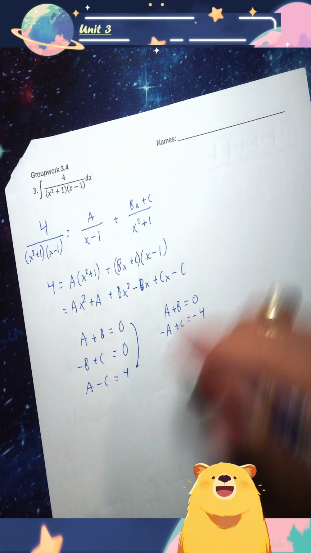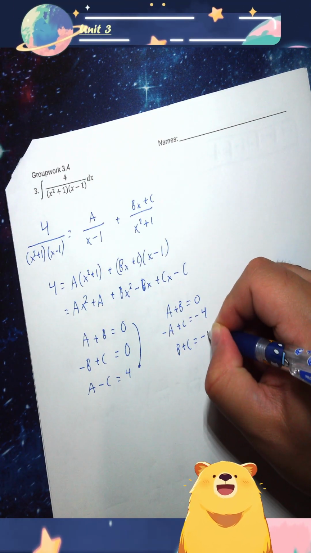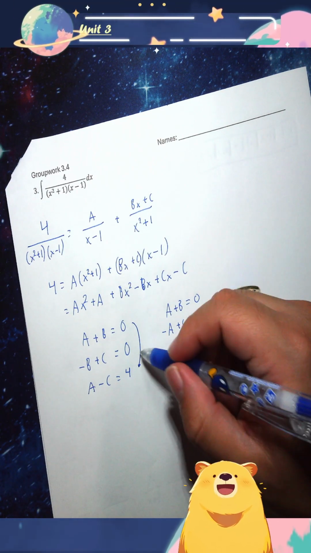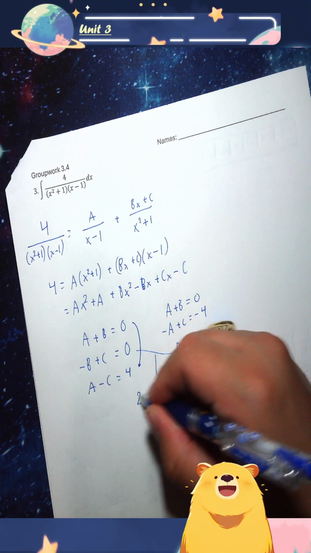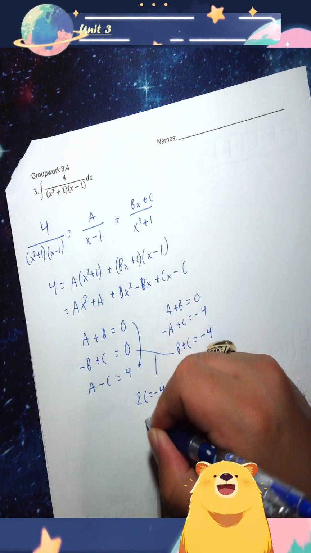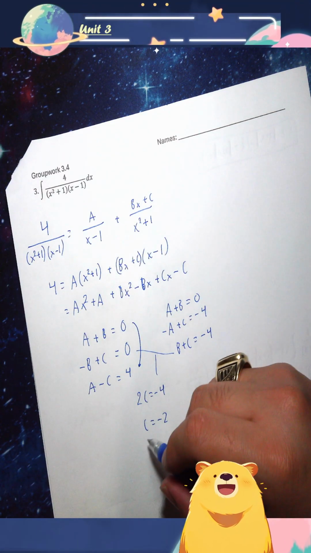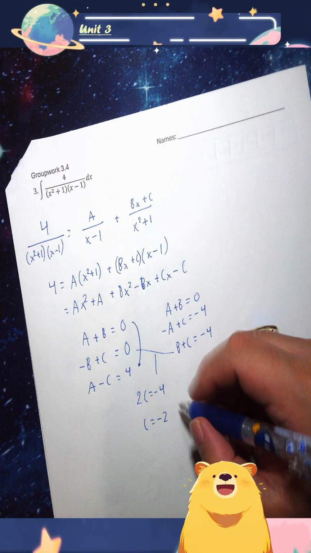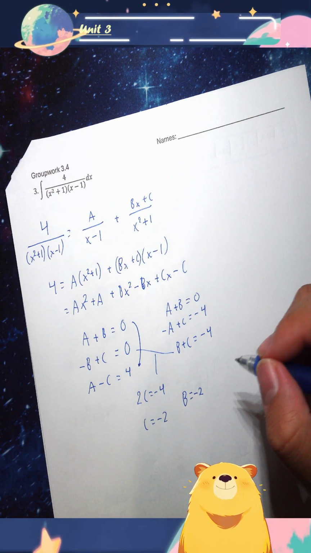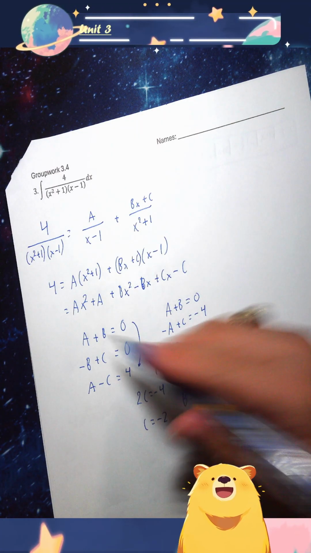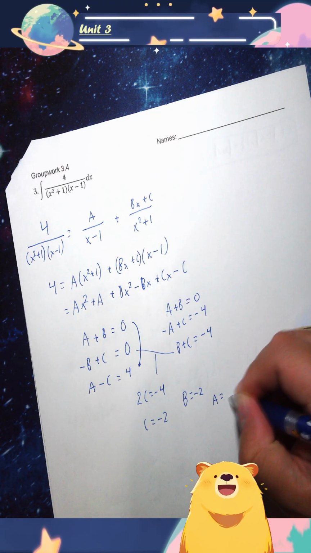So I'm subtracting this guy, so I'll get b plus c is equal to -4. And then we combine those two to get 2c is equal to -4, which means c is equal to -2. From here, we can use this guy to get b is equal to -2, and then we can use that guy to get a is equal to 2.